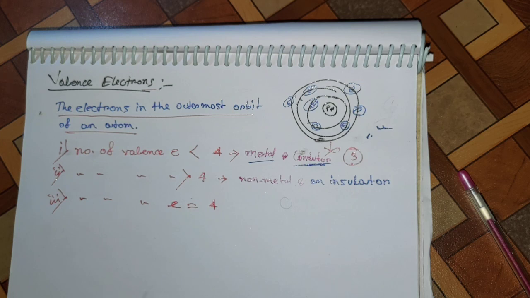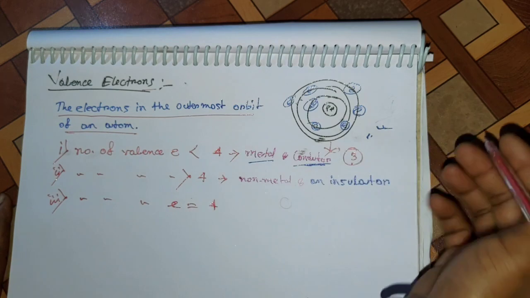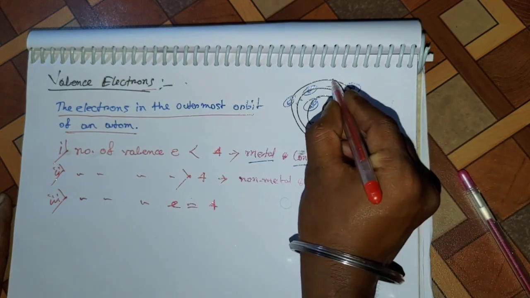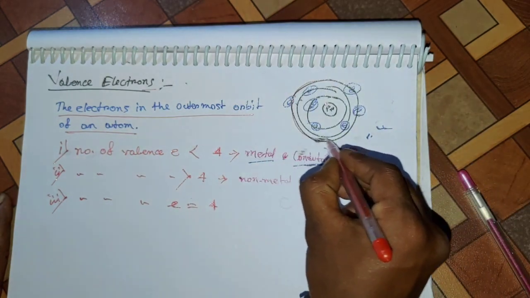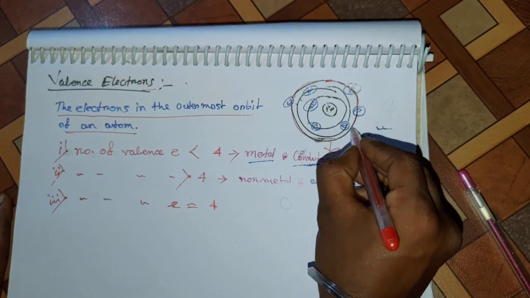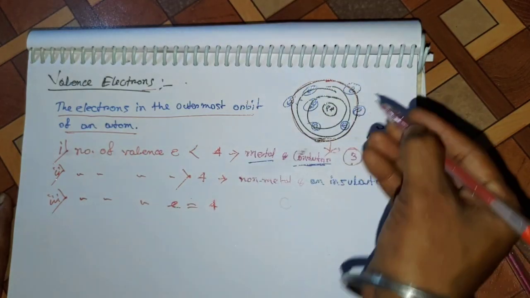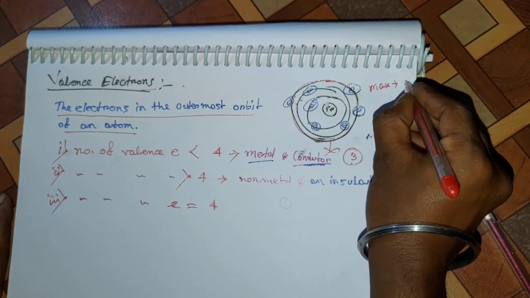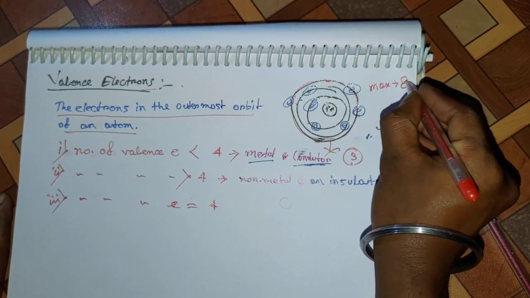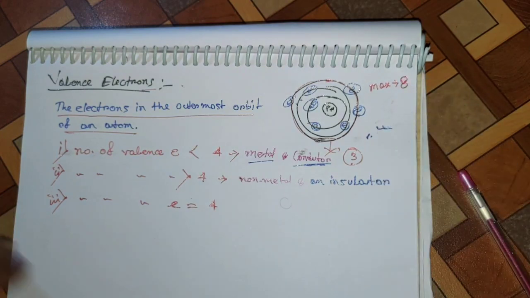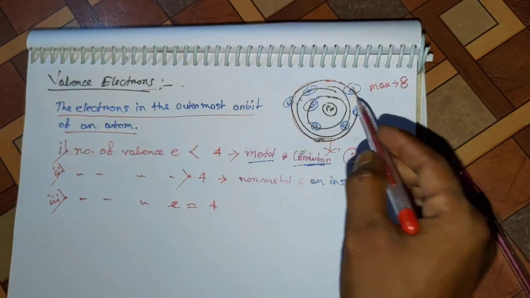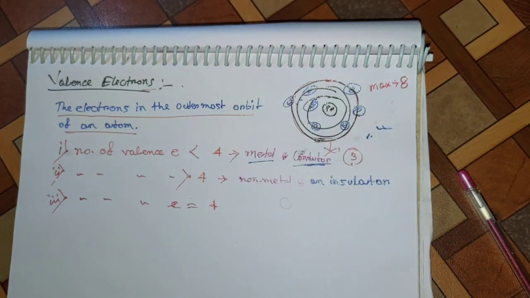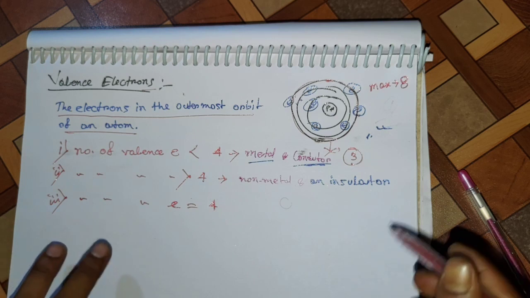Let me clear one thing: the outermost orbit can contain a maximum of 8 electrons.